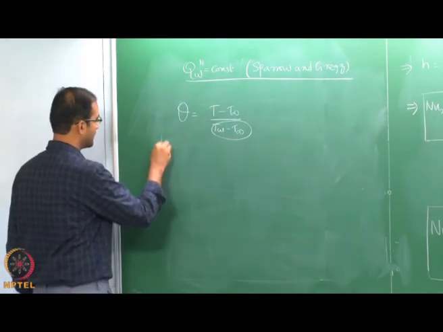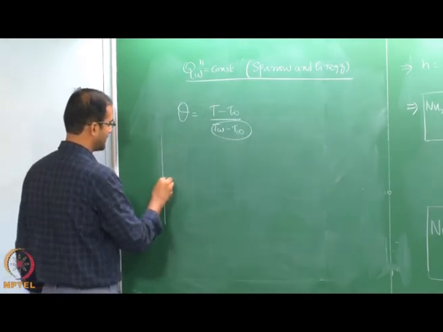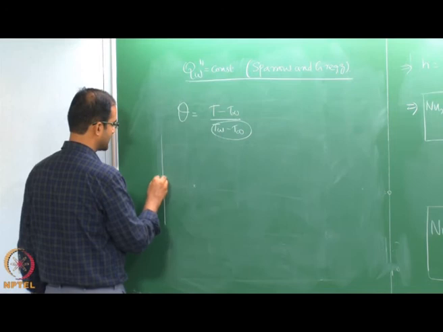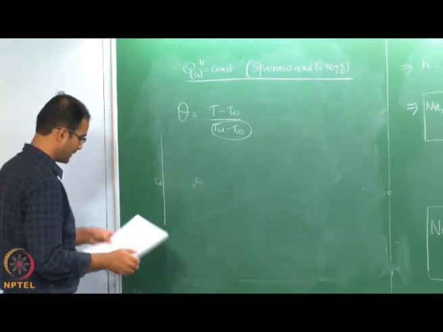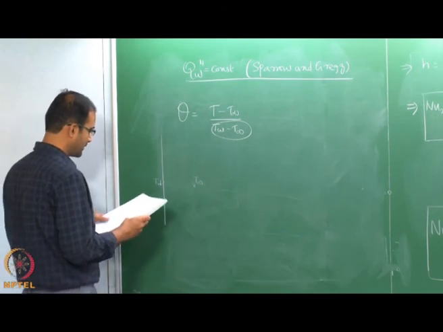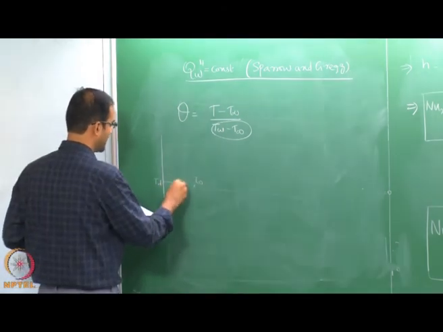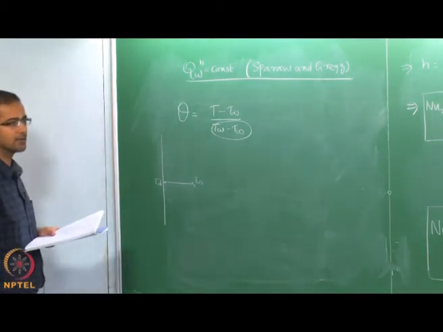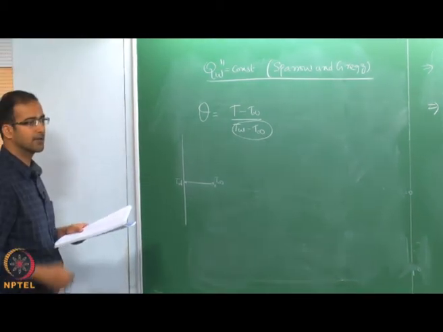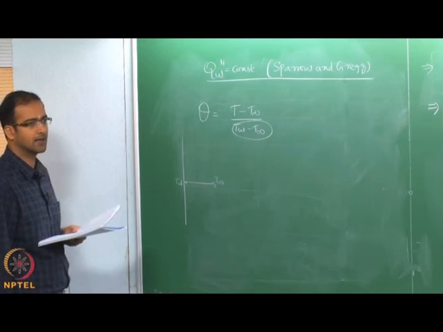So, similar to the flat plate case, what we can do is assume this is your T wall, this is your T infinity, and therefore, we can relate some kind of scaling to convert this temperature difference into heat flux using the Fourier conduction equation.